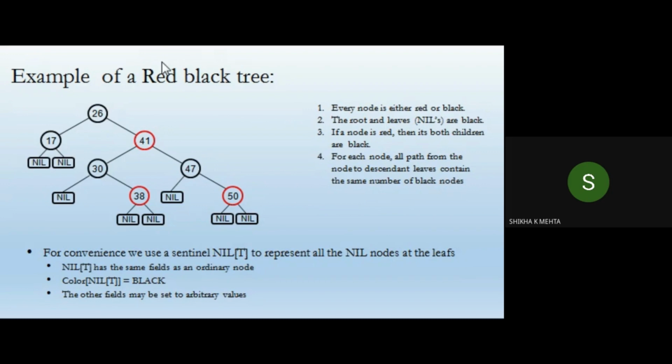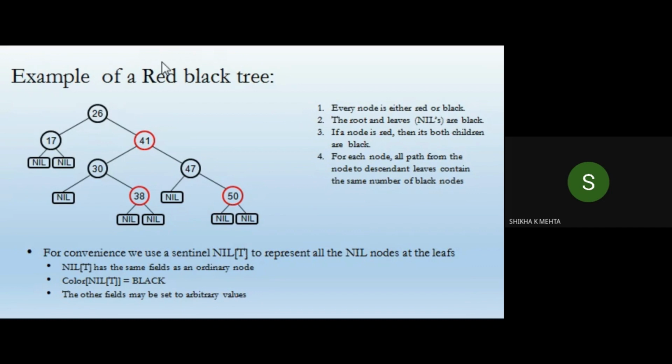It may be any kind of data you can store in the nil node, because we are more interested in the value that is stored as nil. So nil of T represents all the nil nodes at the leaf. These are called sentinels. Basically, they were used earlier also to indicate that we have reached the end of the tree. So here also they are used.